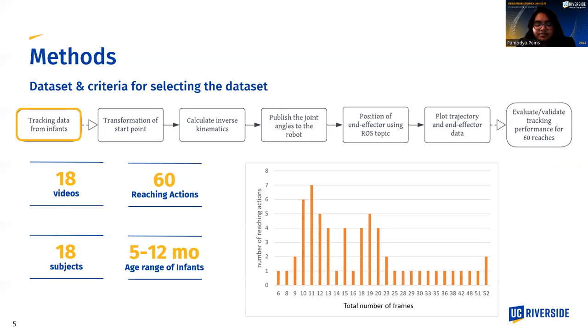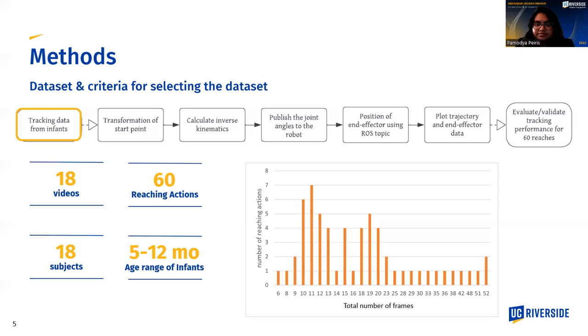The main reason I'm only using 60 is because in order to use the data, it has to be calibrated into centimeters. And since I'm using videos, we only get 2D data, so when calibrated, both the arm and the calibration object have to be on the same frame as the reaching action.